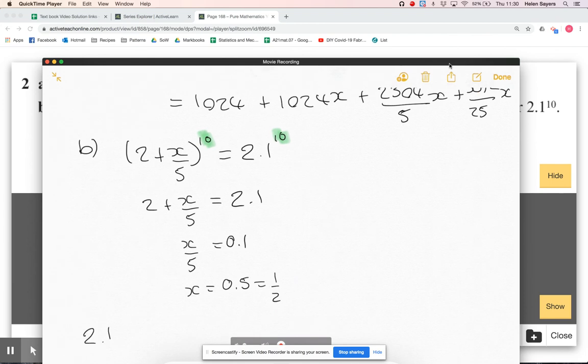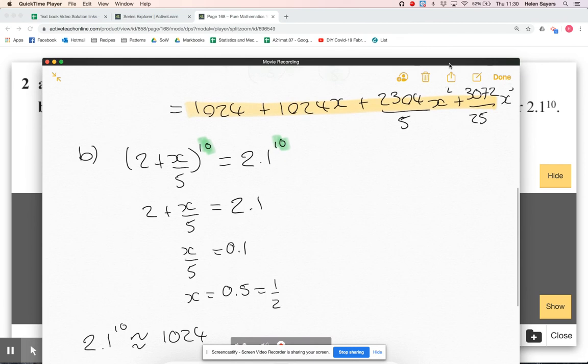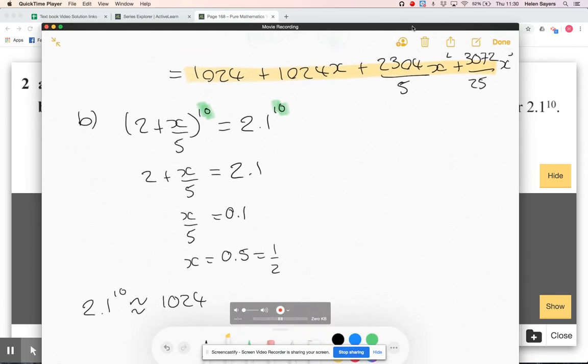So 2.1 to the power of 10 is approximately equal to 1024. So I'm just looking back up at my expansion, which we can just about see. Move up a bit, let's move this out of the way.